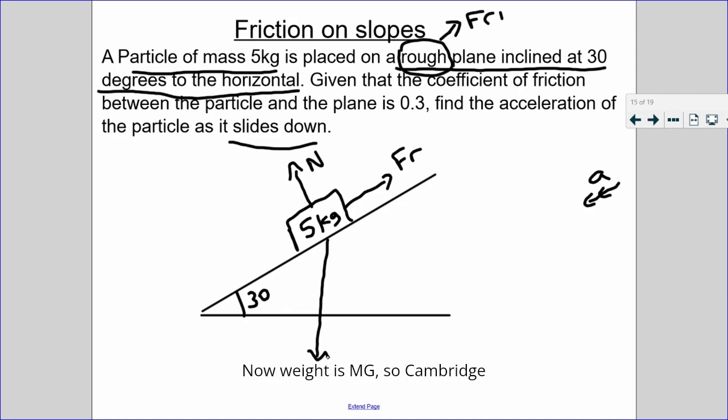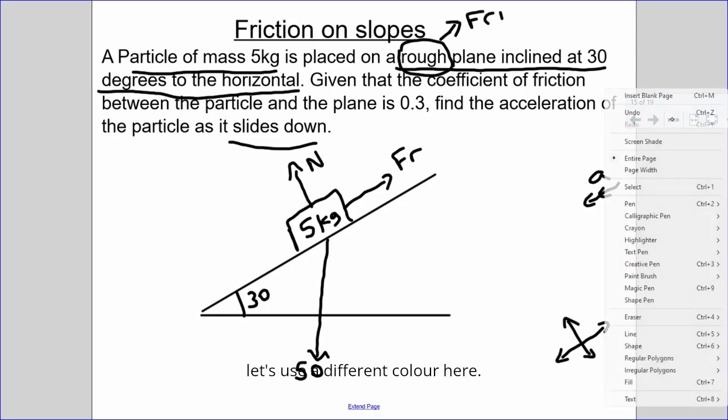Now, weight is mg. So in Cambridge, you take gravity as 10. Mass is 5, so 5 times 10 is 50. As we've done before, whenever we have a slope, we need both the components of the weight in the direction of the slope and perpendicular to the slope.